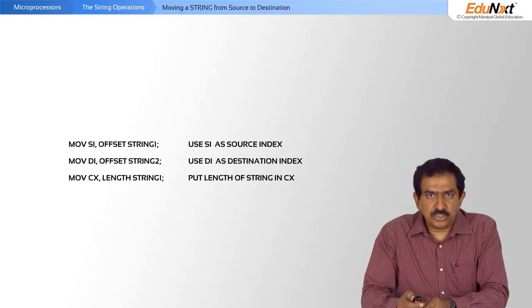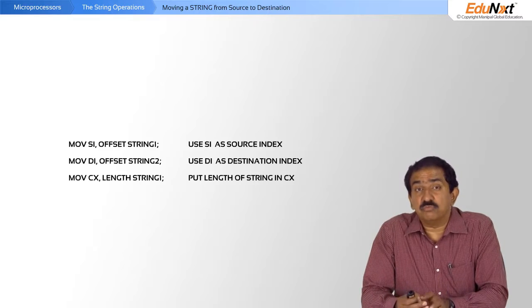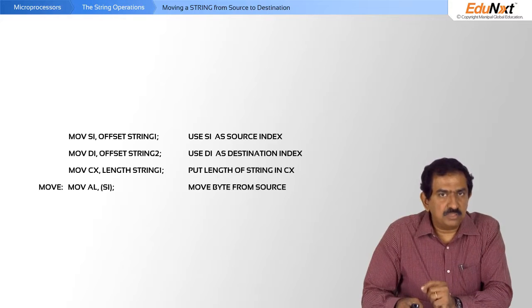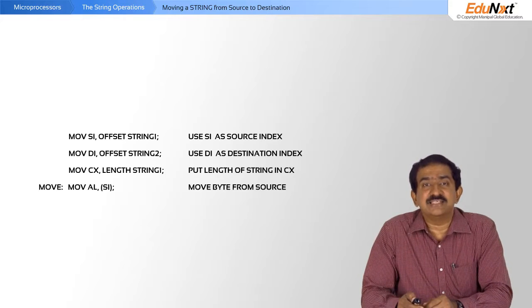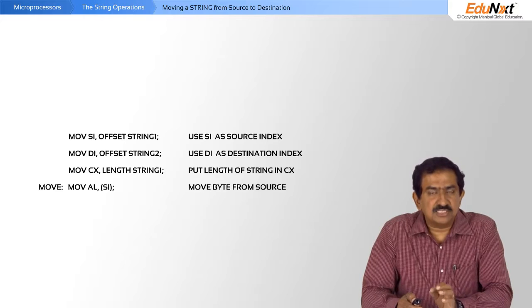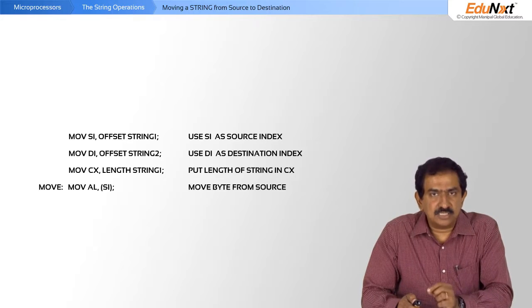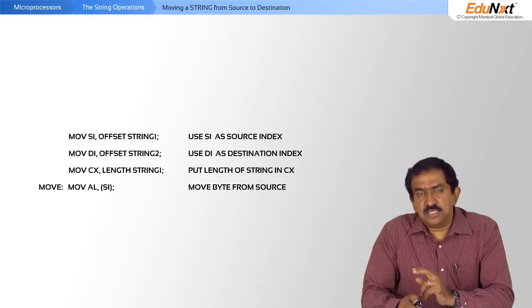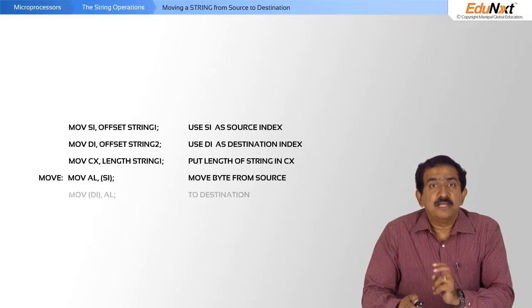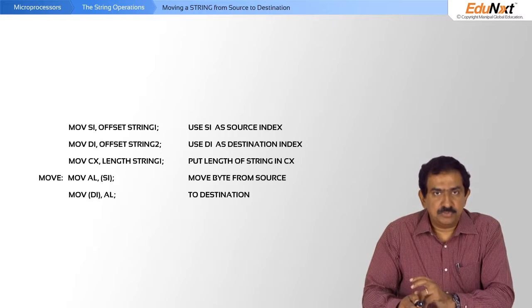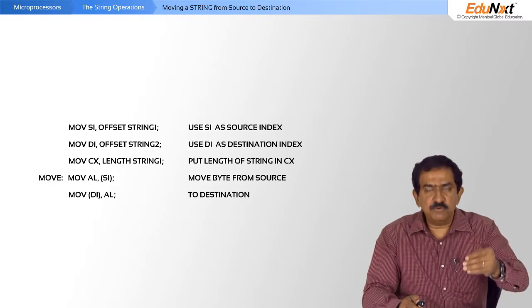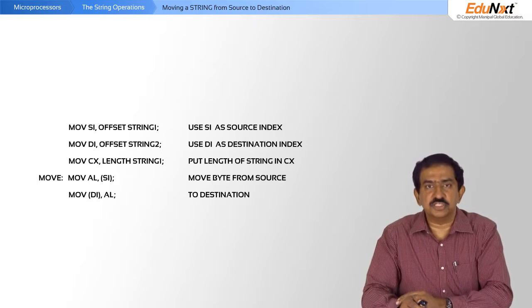So move into accumulator, because this is the equivalent of a MOVSB, right? So 1 byte at a time. Move into AL from the memory location pointed to by SI. Now SI is actually DS:SI, that means data segment colon source index. The contents of that memory location move to AL, then move the contents of AL into ES:DI, and basically therefore you have moved 1 byte of information from the source to the destination.